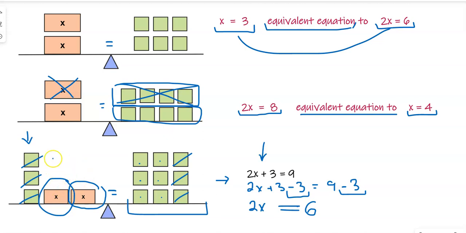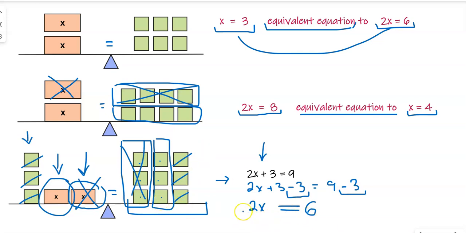That means we will divide it into 2 groups. In each group we will have one x, right? So we are dividing by 2, and we will divide the right side by 2 also. So we have 6 units, we will have 2 groups of 3. So on both sides we're getting rid of one group.